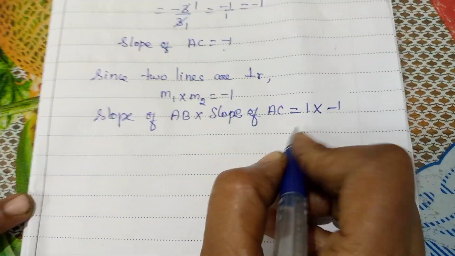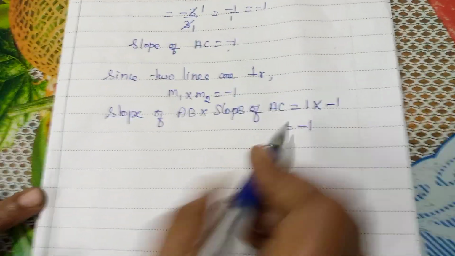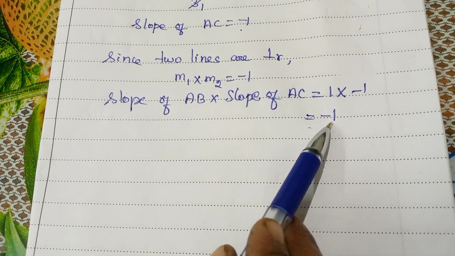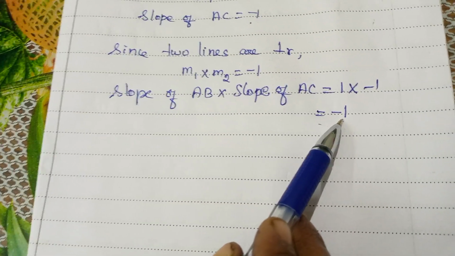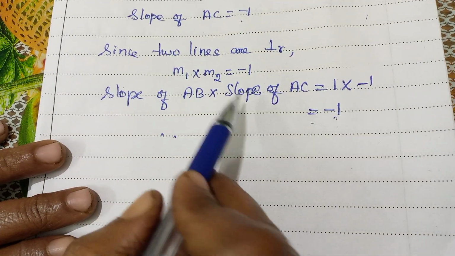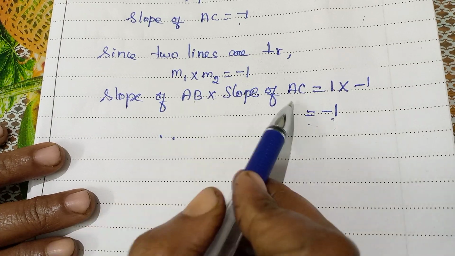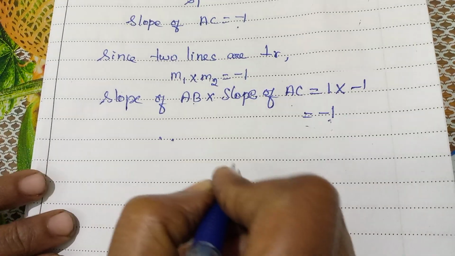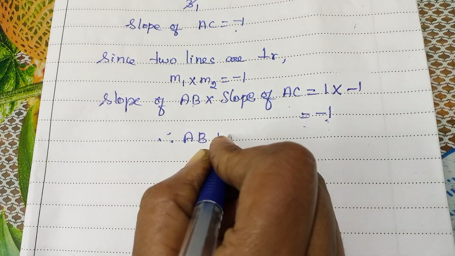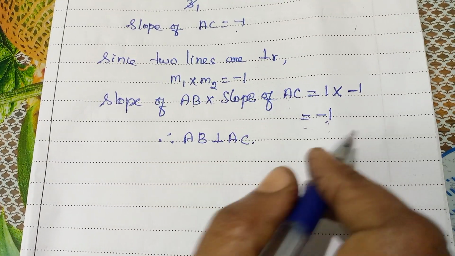So which is equal to minus 1. Since the product of their slopes is minus 1, we can say that two lines are perpendicular. Therefore, here we used AB and AC, so AB perpendicular AC can be said.